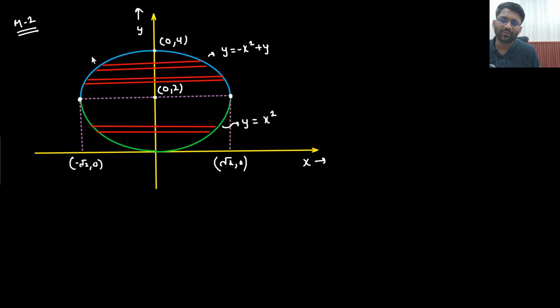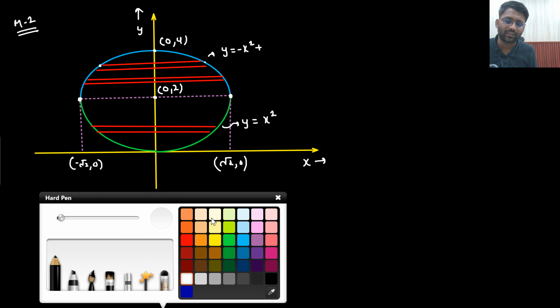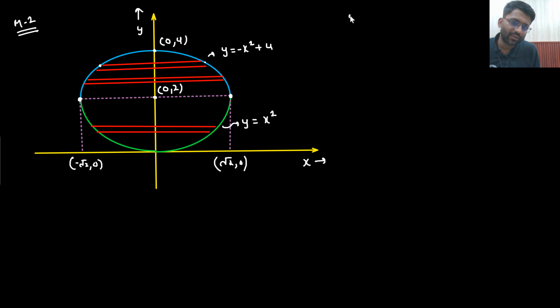Now on this curve, what will be the value of x here? So what is the equation? Y equals to minus x square plus 4. So that means x square is nothing but 4 minus y. So x value is plus minus under root 4 minus y.